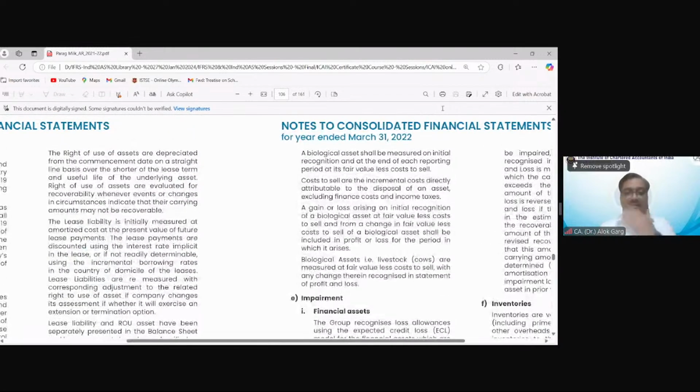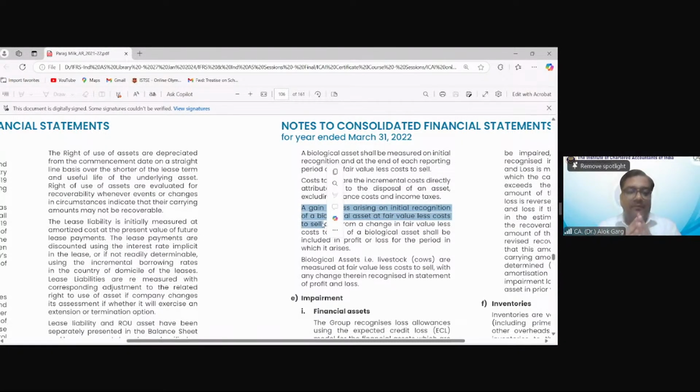Then measurement. A biological asset shall be measured on initial recognition and at the end of each reporting period at its fair value less cost to sell. Initial measurement and subsequent measurement. Cost to sell are the incremental costs directly attributable to the disposal of an asset, excluding finance cost and income taxes, right? A gain or loss arising on initial recognition of a biological asset at fair value less cost to sell.